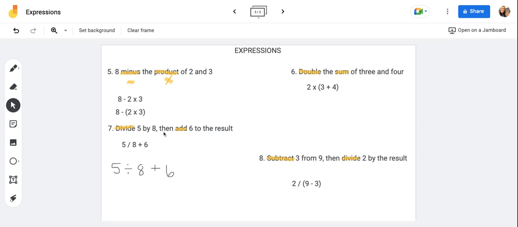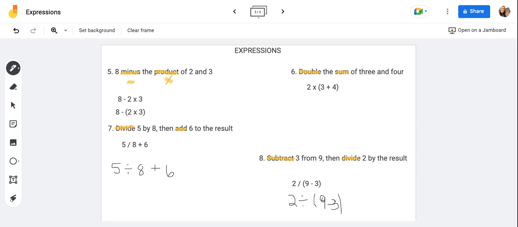And again, this expression is the same as writing it like this, 2 with a division sign, and then parentheses 9 minus 3, and parentheses closed.